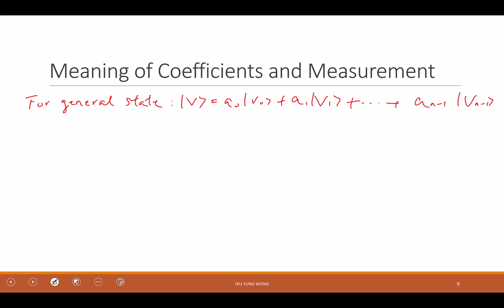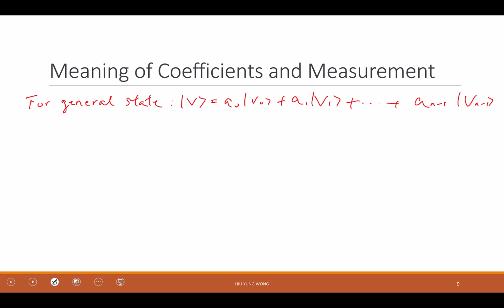A very long one, but you should be very comfortable with this because this is just Dirac bra-ket notation. So this is a vector. Even if I don't know what it is, I know it is a vector. That is the first thing you need to recognize. It is a linear combination of many vectors. And then someone needs to tell you V0, V1 are the basis vectors. Okay, then you understand. A0 to A(n-1) are just complex numbers. So it is a linear combination with complex numbers of all these basis vectors. Should it be 1, 2, or 1 trillion? Doesn't matter. Done.